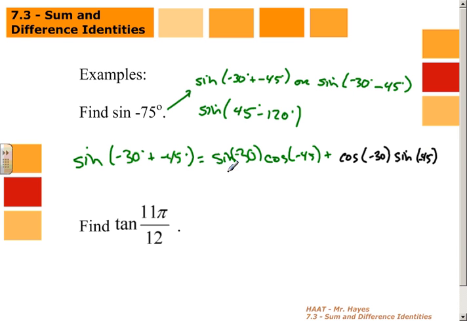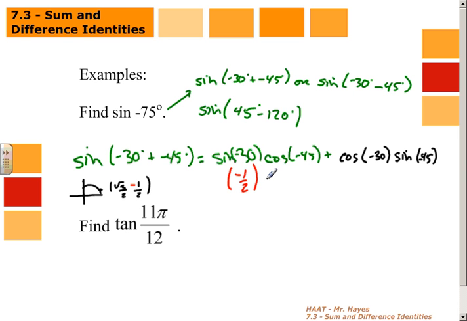So sine of 30 is, now remember, on the unit circle, you've got all your coordinates. So at 30 degrees right here, you've got the coordinates root 3 over 2 and 1/2. And if we're talking about negative, then this will be root 3 over 2 and negative 1/2. So sine of negative 30 is a negative 1/2.